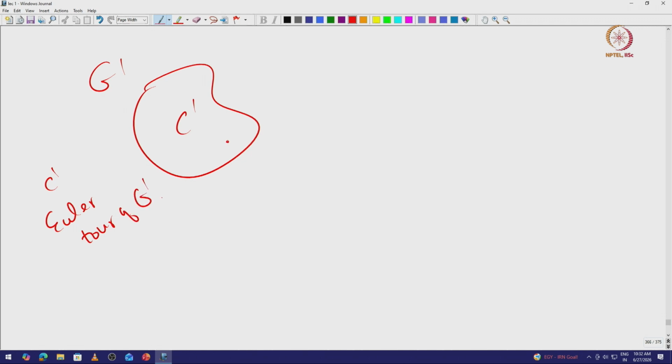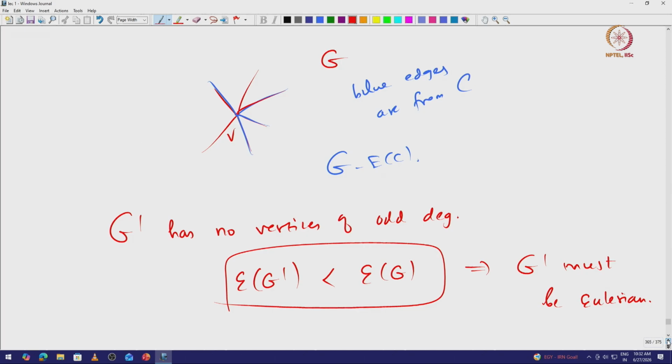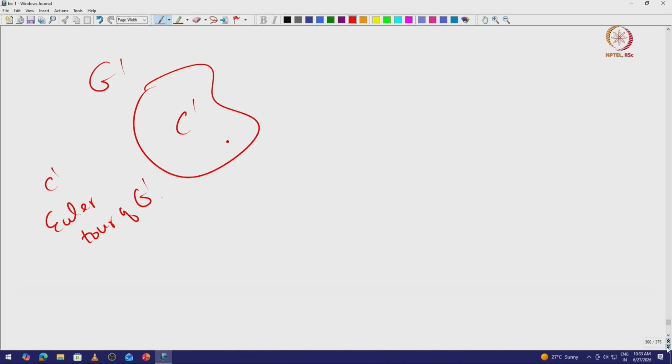Now, note that our original graph is G, and we have obtained this G dash as a connected component of G minus E of C. That means in our original graph we just deleted some edges and obtained G minus E of C. So, in particular G dash is just one connected component in G minus E of C. Since the vertices are not changed, the vertex set of G minus E of C is the same as the vertex set of G.